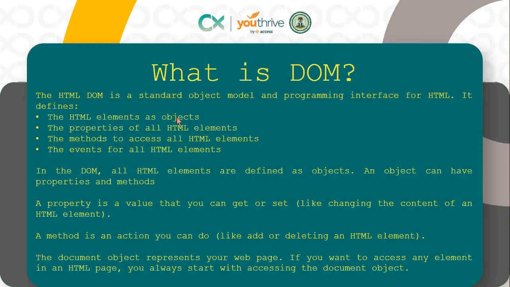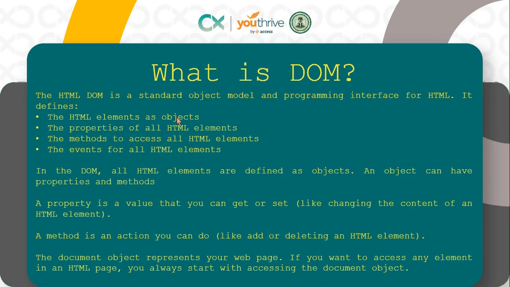So if you want to access any element in an HTML page, you always start with accessing the document object. So in summary, DOM stands for the document object model.